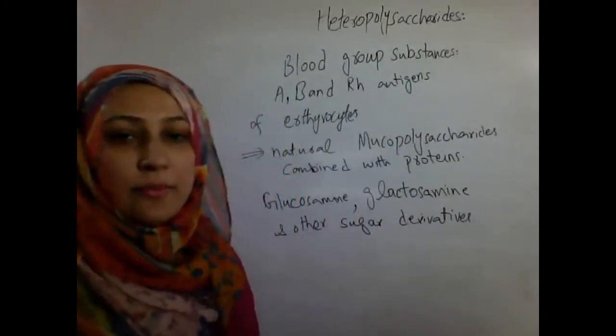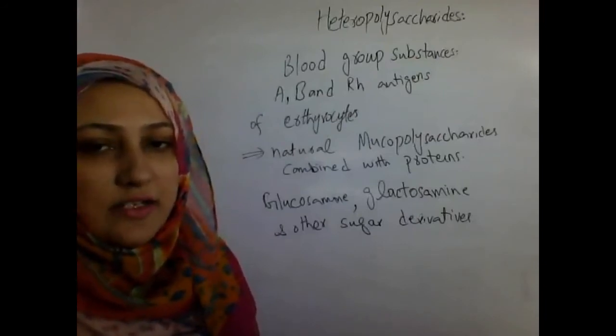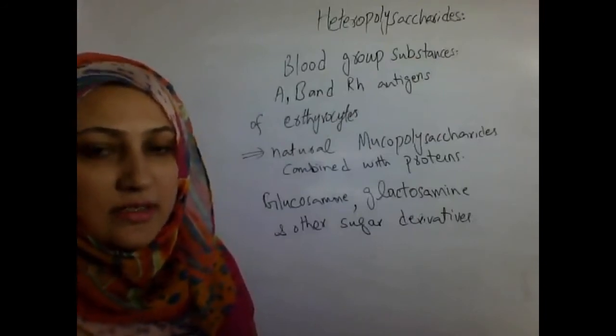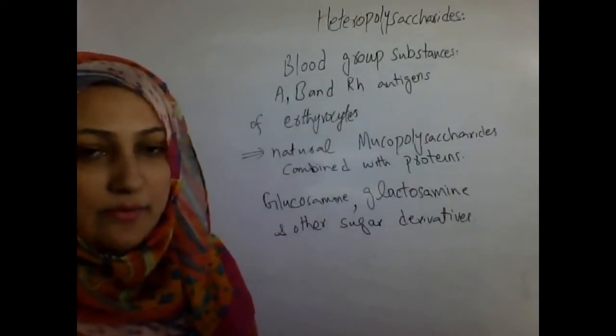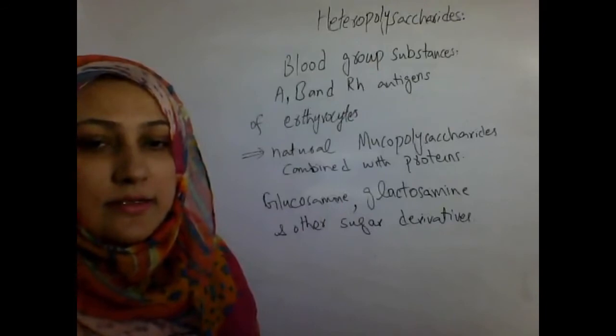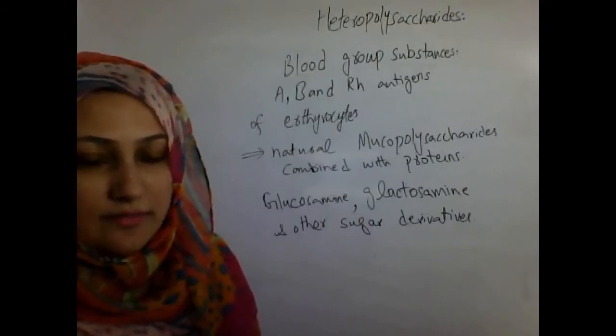Blood group substances, the antigens A, B and RH antigens of erythrocytes are actually the natural mucopolysaccharides combined with proteins. It consists of the glucosamine, galactosamine and the other sugar derivatives present in them.